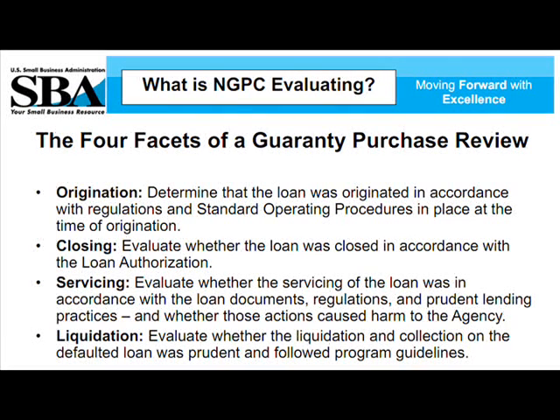One, if you submit a complete package, and if you've done a good job from the time you originated, closed, and serviced the loan, and as appropriate, liquidated the collateral, the SBA, my understanding is, is honoring the 45-day brand promise, and in fact, they're processing completed packages, as we said earlier today, within 25 to 30 days.